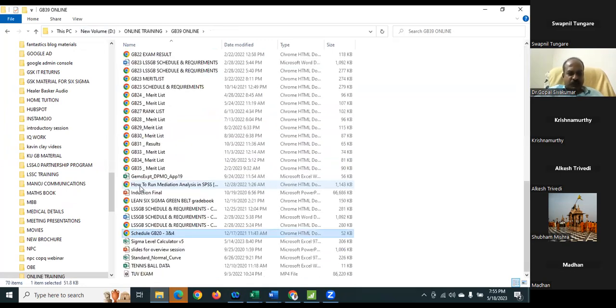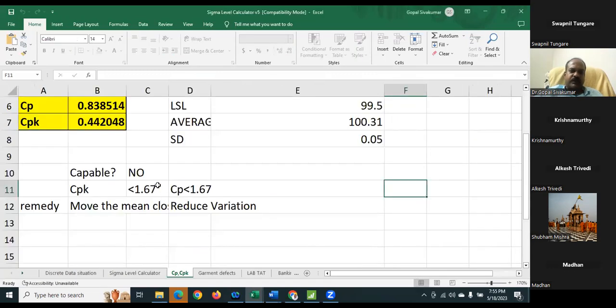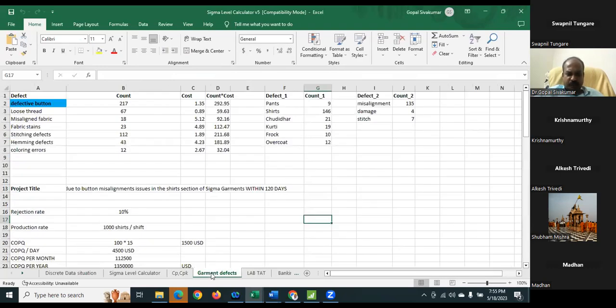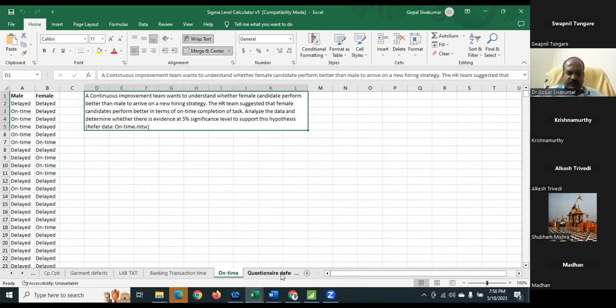So all of you, do you remember I have given you a sigma level calculator file? Yes, sir. Please keep it very safely with you. That will bring clarity in many situations. See here, I have already done some working here. Let me see whether that is available here.